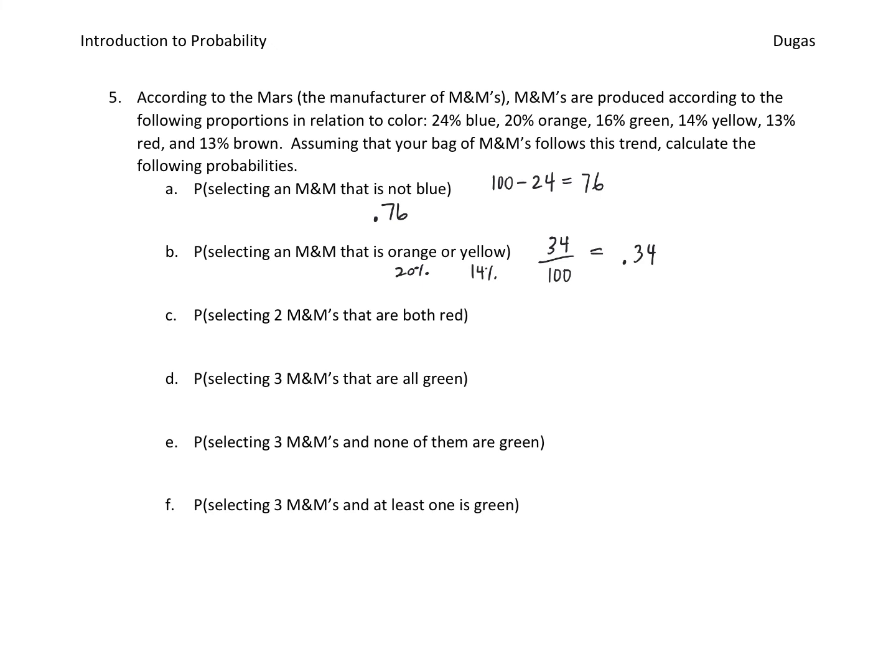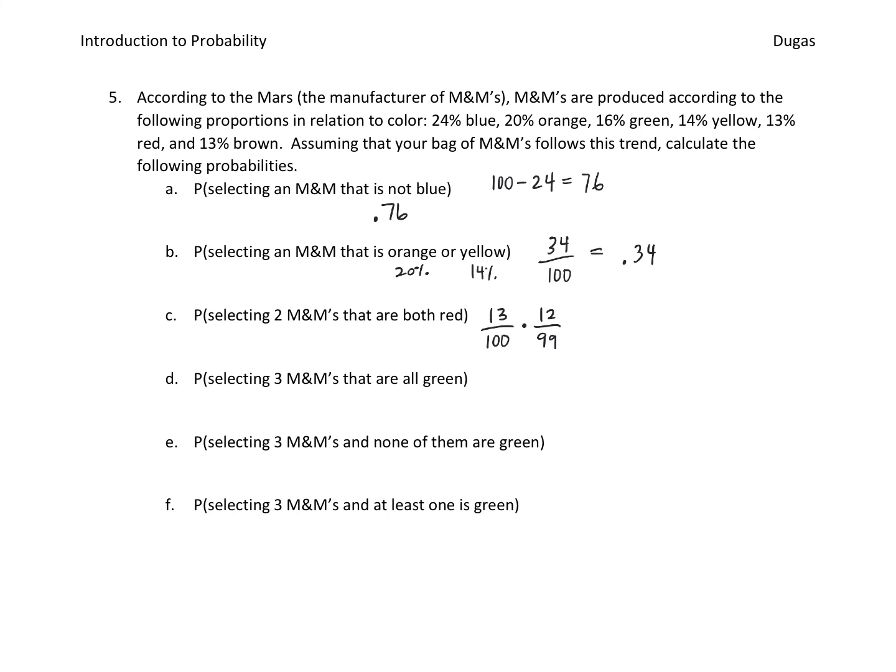Part C, find the probability of selecting 2 M&Ms that are both red. So there are 13% red. So that means 13 out of 100 are red. So the probability of selecting one M&M that's red is 13 out of 100. If I take one of the red M&Ms, only 12 are left, and only 99 M&Ms are left.